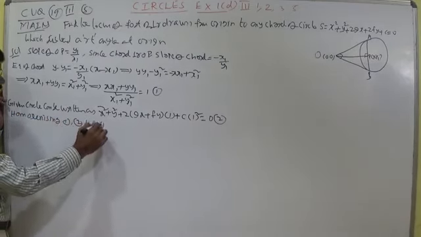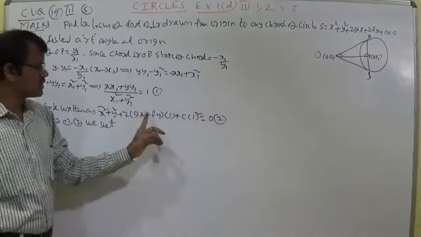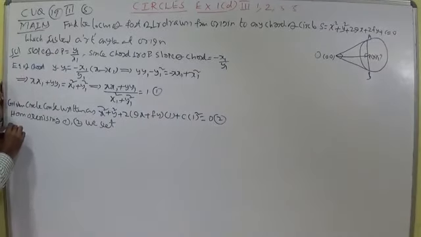Homogenizing 1, 2 we get. That implies substitute the value instead of 1 this one and instead of 1 square this one. Carefully we should do the calculation.